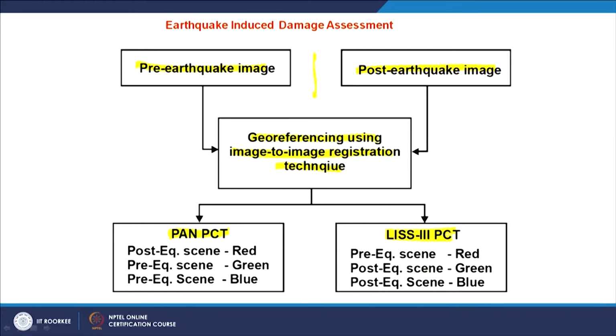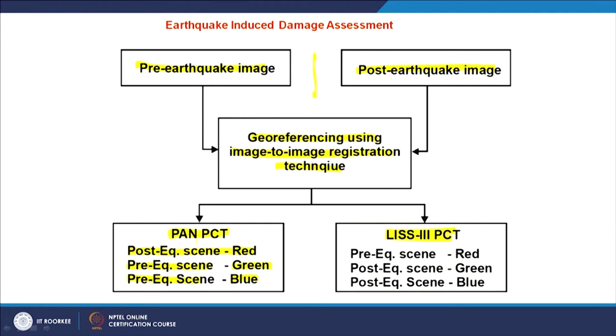So I have both examples, where in the case of the PAN image, we assigned the red channel to the post image, and for the pre-earthquake scene, we assigned green and blue. And then any changes in terms of reflection, that means where reflection has increased, will appear in red color in this PCT, that is called pseudo color transformation or pseudo color transform image.